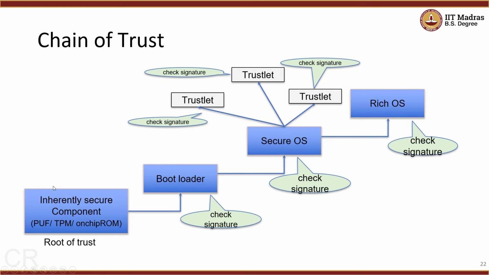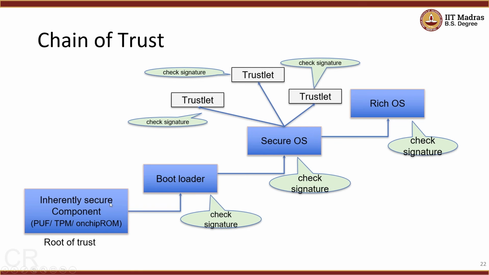So this inherently secure component is the root of trust, which guarantees that the image that you are loading is authentic. So when your processor starts to execute or is reset, it starts with this root of trust.